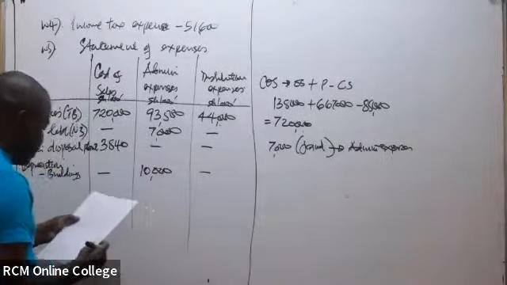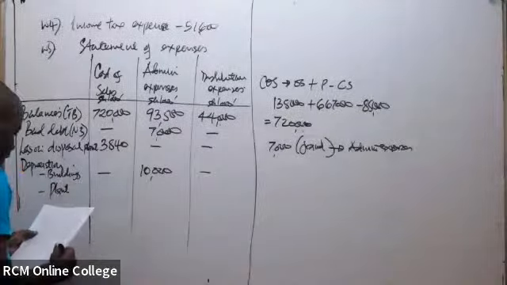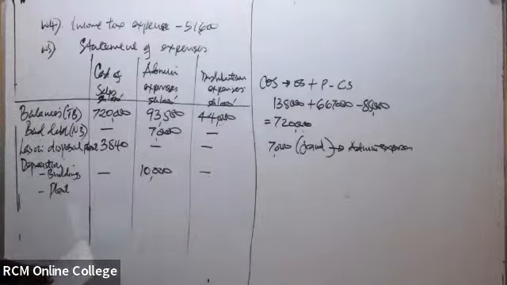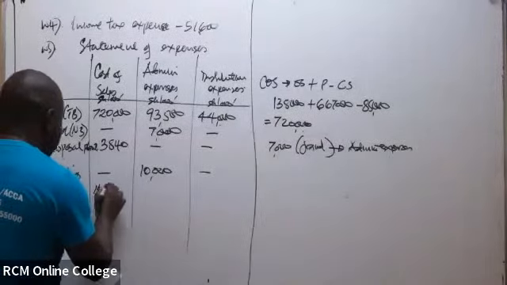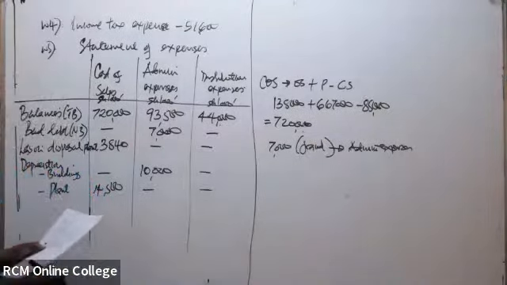Then we have plant. Plant, we are told it will go to cost of sales. It was 14,500,000.